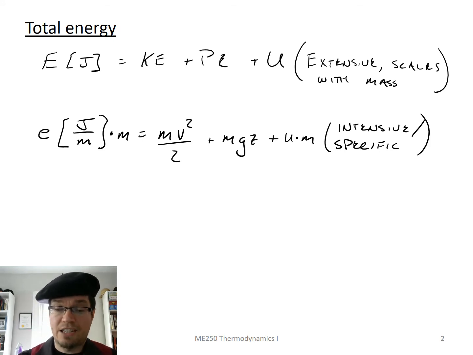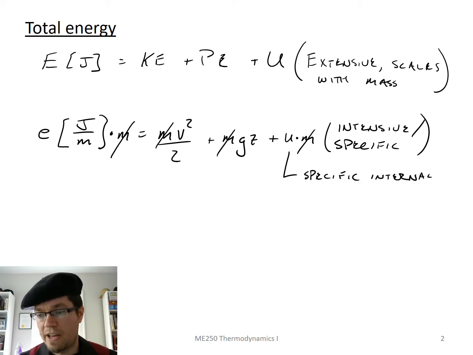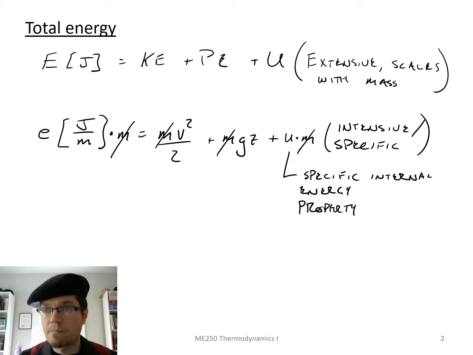And to do that, let's actually divide through by the mass. So let's cancel out those masses there. And that then leaves us with u, which is specific internal energy. Specific internal energy, or internal energy in general, is a property of the material.